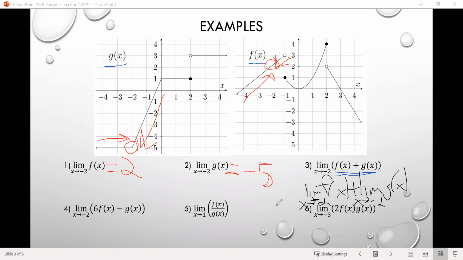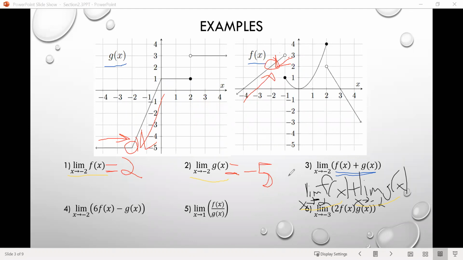And hopefully now that we've done that, you see that these both match the first two problems we did, right? So here we had the limit as x approaches -2 of f of x. Here we have the limit as x approaches -2 of g of x. So let's match these here, so we can just make substitutions for each of those.